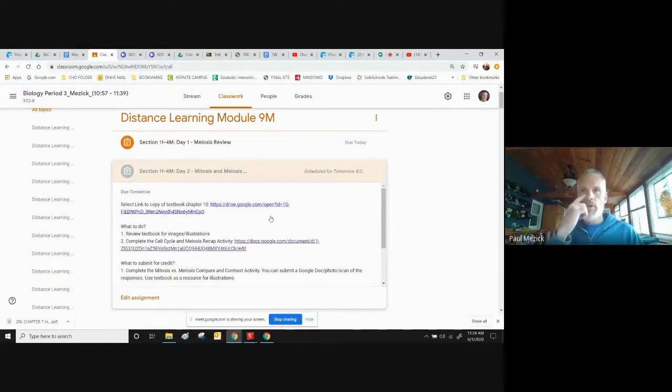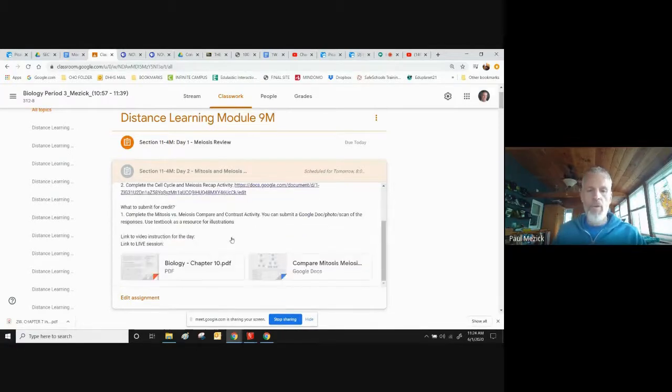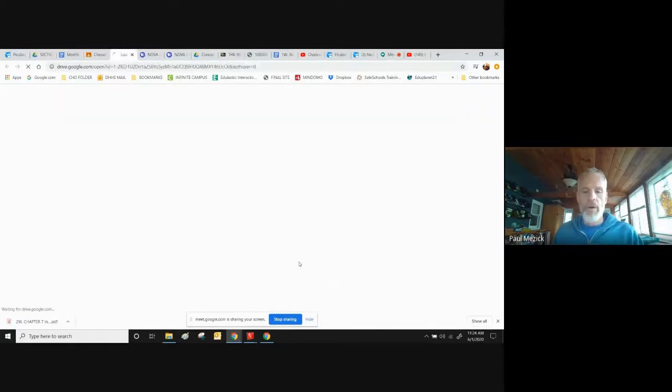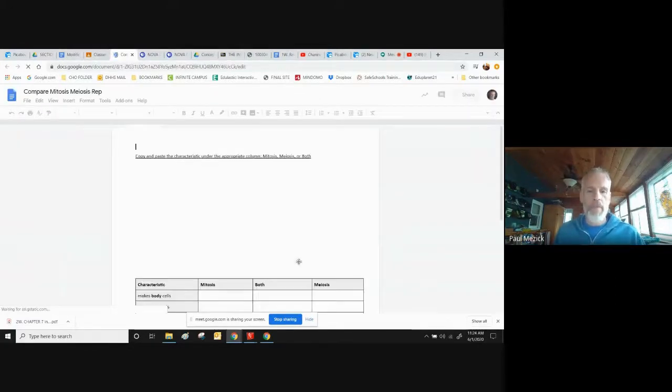You're asking me to draw these illustrations and show the pathway. Where am I headed tomorrow? Well, review textbook, complete the cell cycle and meiosis recap. And so what I'd like to do now is see if you, given a visual, could compare and contrast. And so that is where we will be tomorrow.